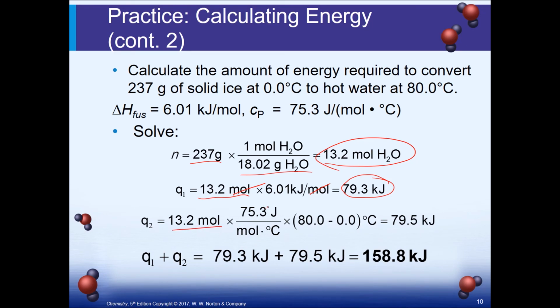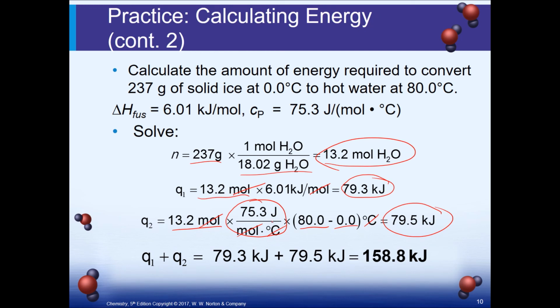The molar heat capacity is 75.3 joules per mole degree Celsius, and the change in temperature is 80 degrees final minus the initial, which is 0.0 degrees Celsius. If we do the arithmetic, we get a value of 79.5 kilojoules. Once again, if we look at our units, we have moles on top and moles on the bottom, so those cancel. Degrees Celsius on the top and bottom cancel, leaving us with joules.